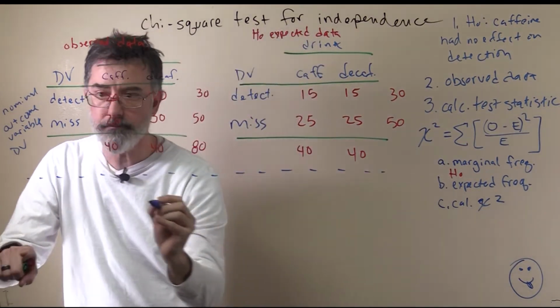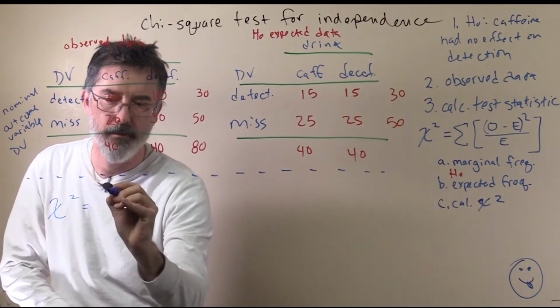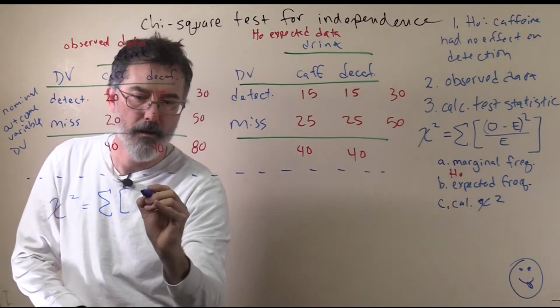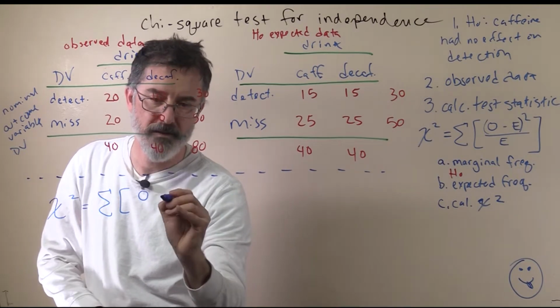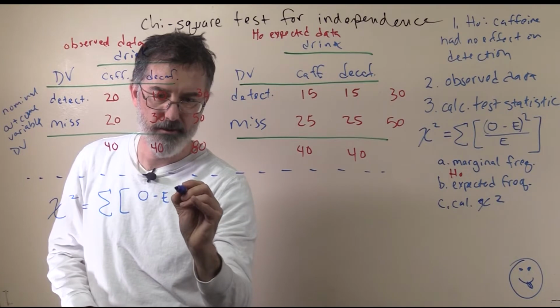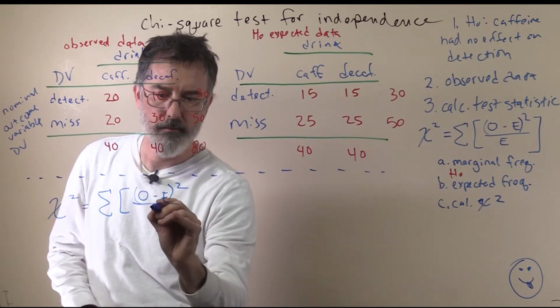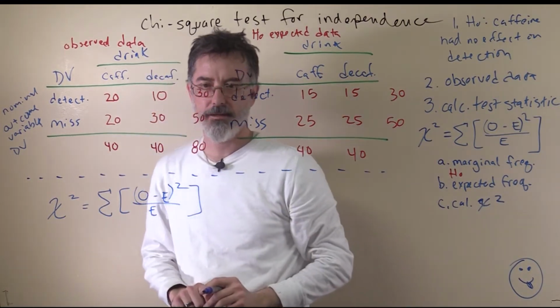Our chi-square equals the sum of our observed cell frequency minus that cell's expected frequency, squared, divided by that exact same expected frequency. And we'll do that for each cell.